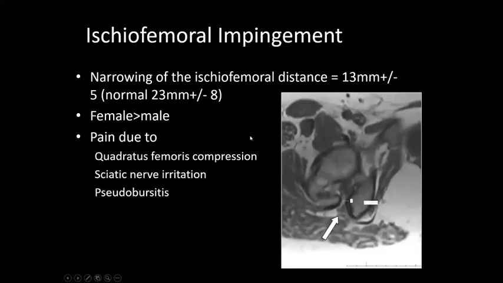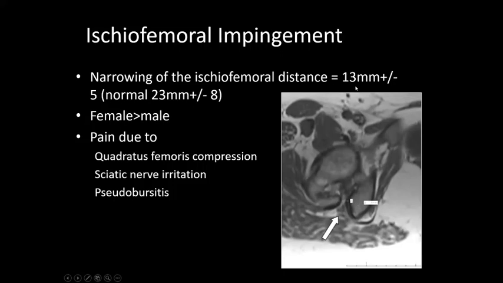Another entity of hip impingement syndrome is the ischiofemoral impingement. The first group of disorders in the non-FAI was the iliopsoas impingement, when the iliopsoas tendon is impinging on the labrum. Now, this is a different entity called the ischiofemoral impingement, which happens when there is a narrowing of the distance between the femur and the ischium.